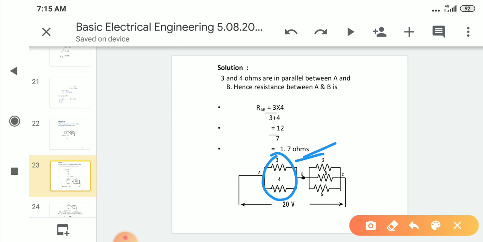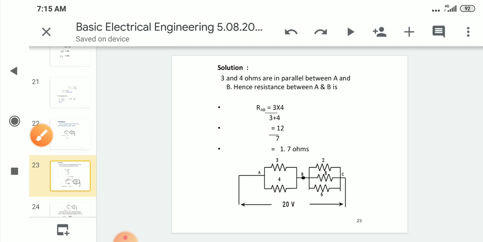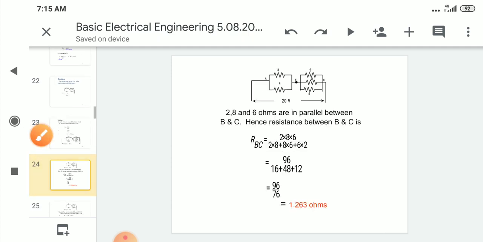This 1.7 ohms is in series with the remaining circuit. Here 2, 8, 6 are in parallel. 2 into 8 into 6 by 2 into 8 plus 8 into 6 plus 6 into 2. Then our RBC gives 1.263.